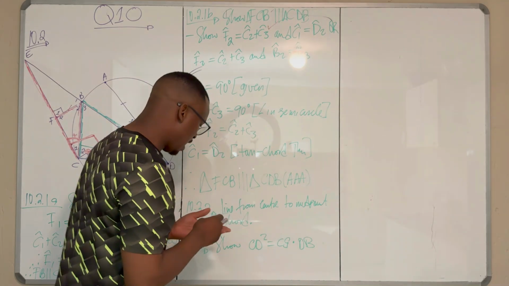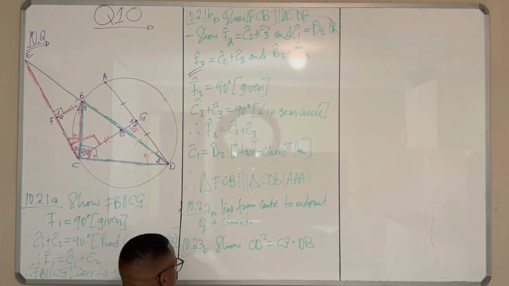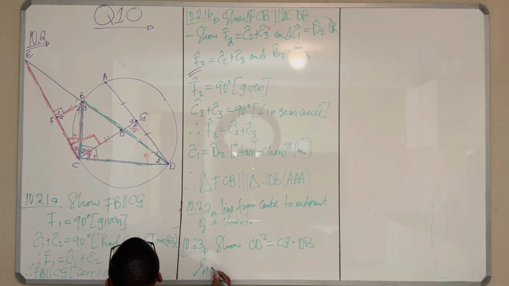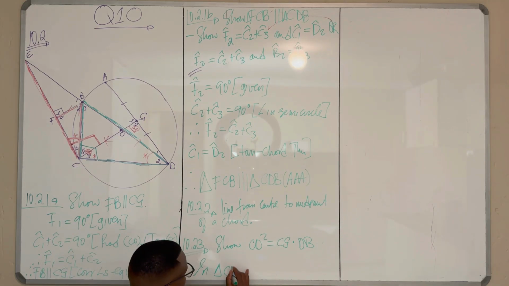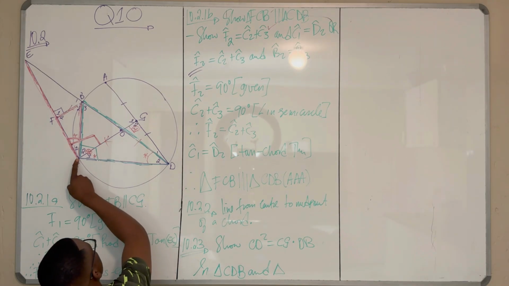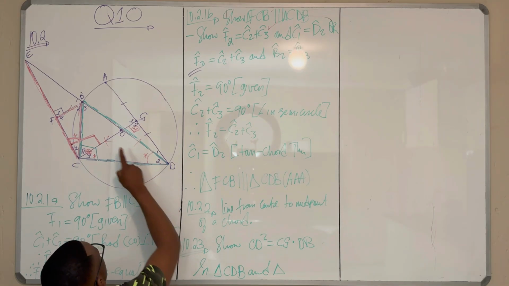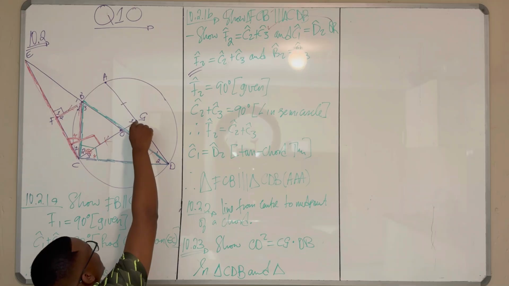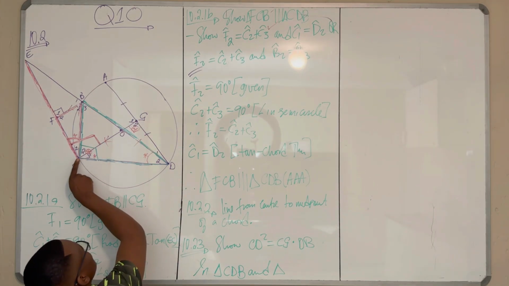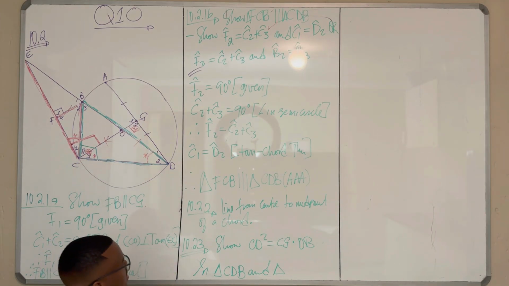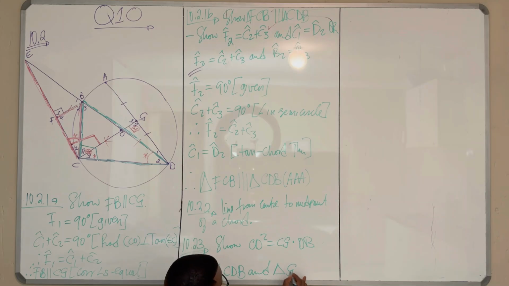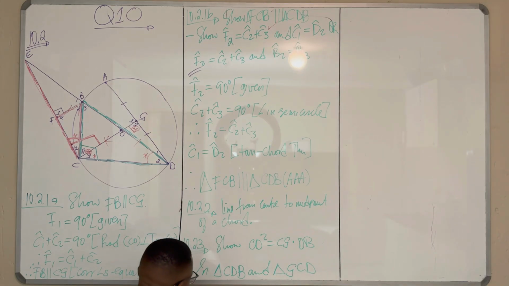So in that case, I'll say in triangle CDB and triangle GCD. So I started on C, which is 90, and I go to the angle D that I think is going to be equal, and then went to C. So I'm going to start at G as well, and the angle C3 that I think is going to be equal to D. So the order is important.